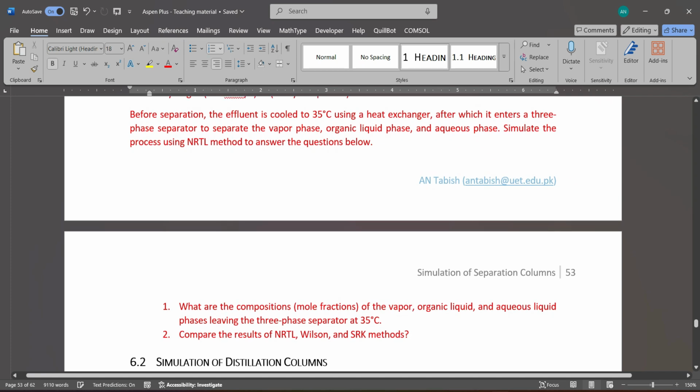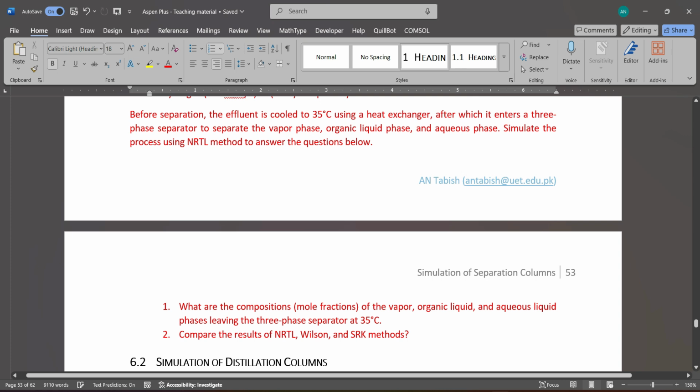The questions are: what are the compositions of the vapor, organic liquid, and aqueous liquid phases leaving the three-phase separator at 35 degrees Celsius? So, one, the compositions. And the other question is, we are asked to compare the results of NRTL, Wilson, and SRK. NRTL and Wilson are both activity coefficient models.